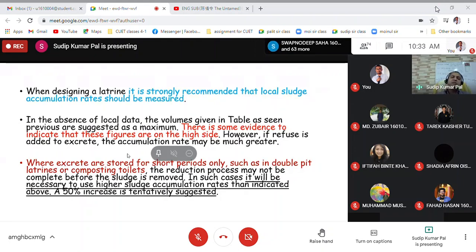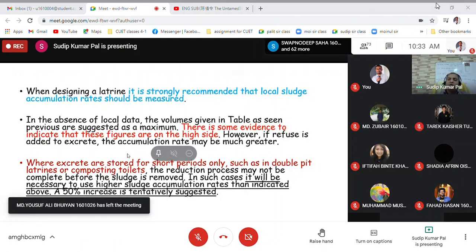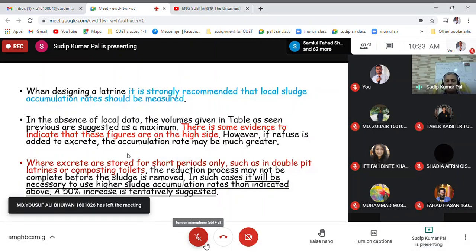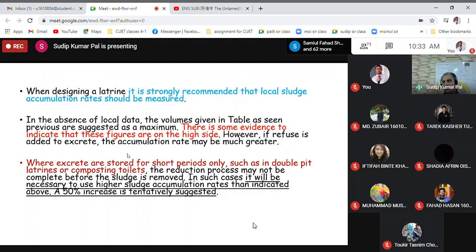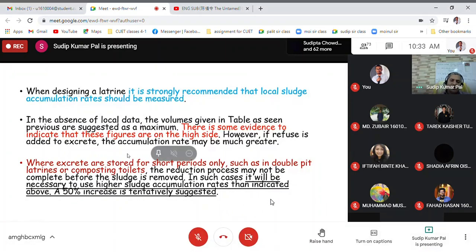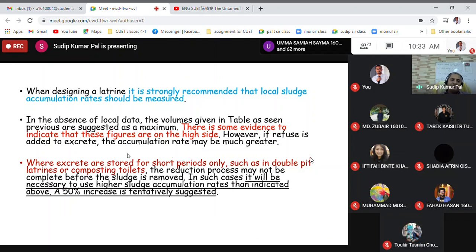In many cases, toilet is also used to dump solid waste, some of the refuse. Sometimes people also use it as a shower. So if this is the case, then the rate might increase.